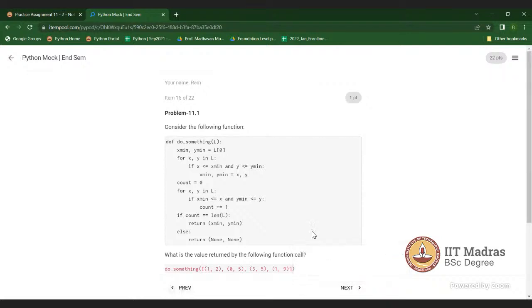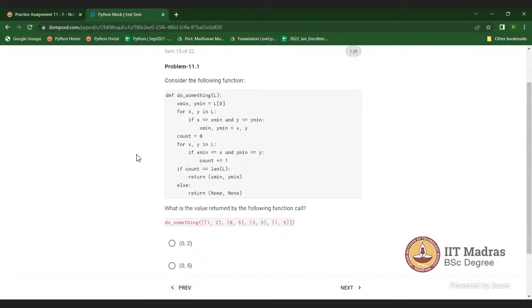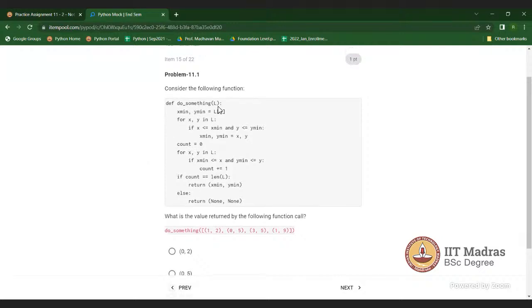Not this one, I guess. Yeah, sure, this one. Only the rest are the same parts. Okay. So define do something.